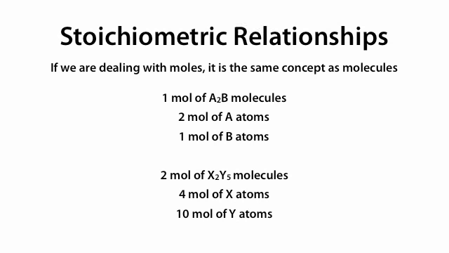Why? In 1 mole of X2Y5 molecules, we would have 2 moles of X atoms and 5 moles of Y atoms. But since we have 2 moles of X2Y5 molecules, we multiply everything by 2. So we now have 4 moles of X atoms and 10 moles of Y atoms. 2 times 2 is 4 for X atoms, and 2 times 5 is 10 moles of Y atoms.